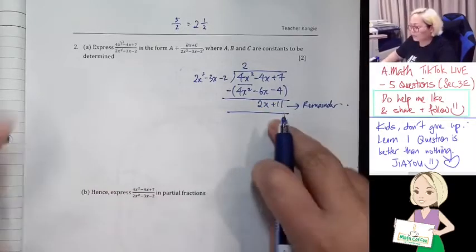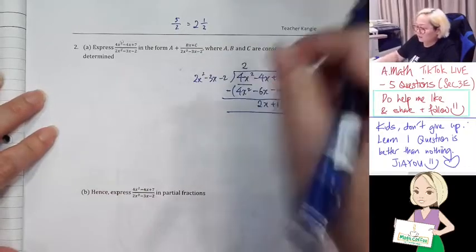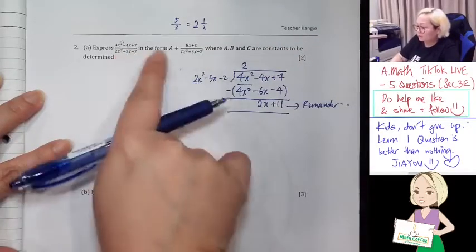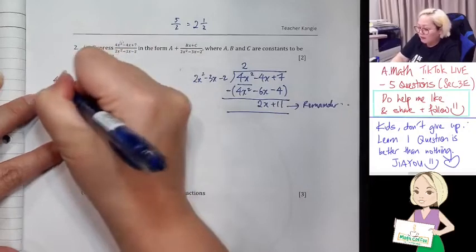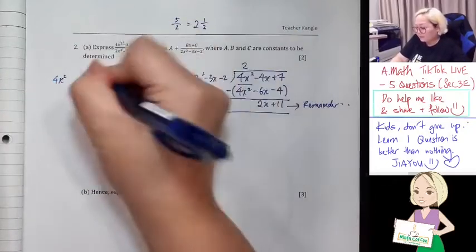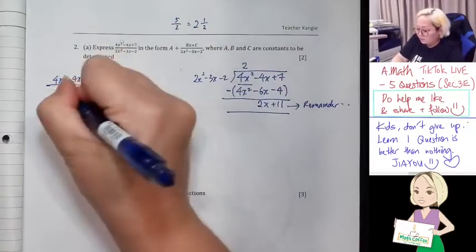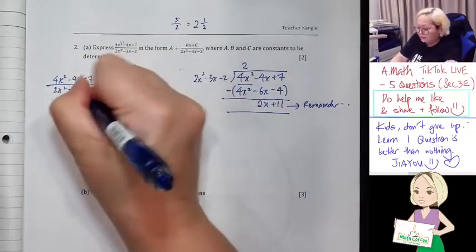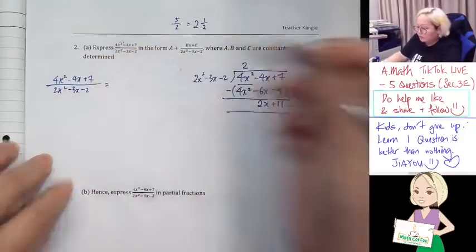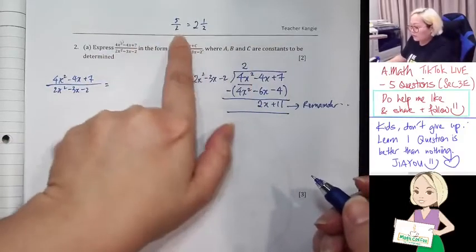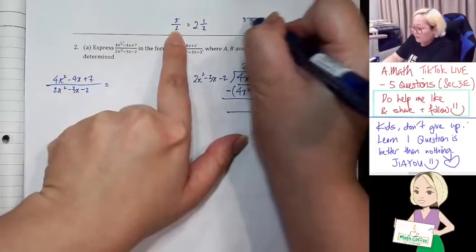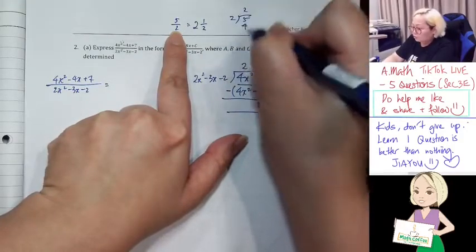Okay, so with this, I can now put it in the mixed number form, because they ask you to put this in this form, right? So you will write 4x squared minus 4x plus 7 over 2x squared minus 3x minus 2 equals quotient 2. It's just like this one, you see, 5 when I divide by 2, quotient 2, remainder 1, correct?